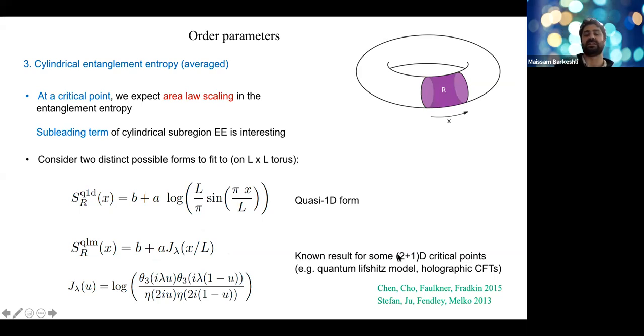But it turns out that this is a known result for some 2 + 1D critical points, like a scalar boson with exponent 2, so-called quantum Lifshitz model, and also some holographic conformal field theories. Their cylindrical subregion entanglement entropy fits this form. And I don't think anyone really knows why, actually, and also how common it is.